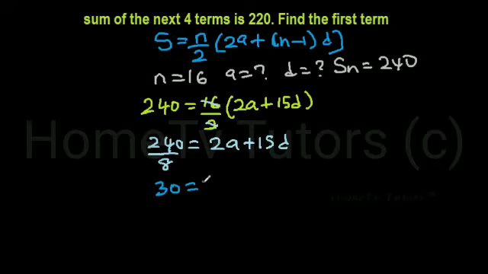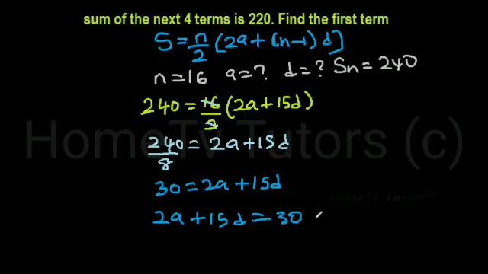So we have 30 equals 2a plus 15d. We can as well rewrite this as 2a plus 15d equals 30. So let's call this equation 1.